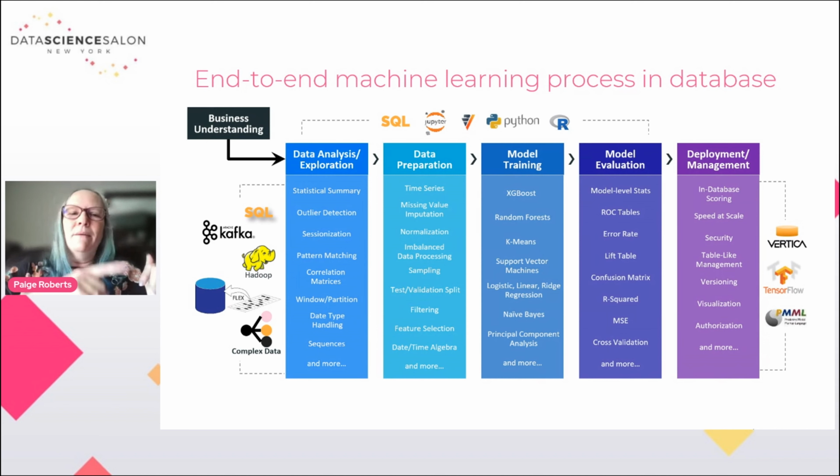You have to be able to do all of that in order to first explore the data that you have, summarize it, find the outliers, do all the things that you need to get that data ready, like your joins and your normalization and filtering. When I say sampling, I usually just mean splitting, test, and validation.